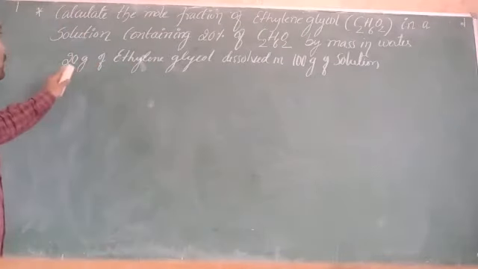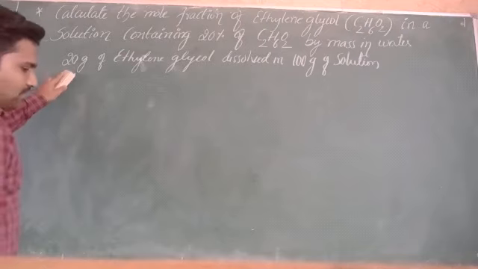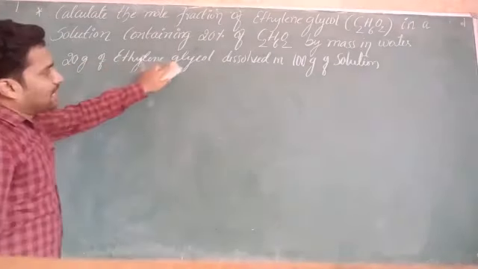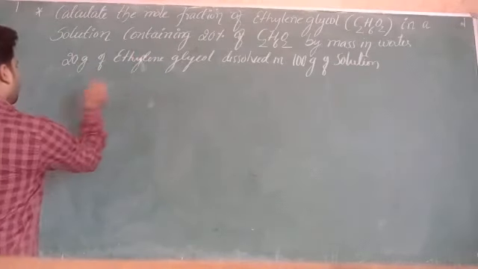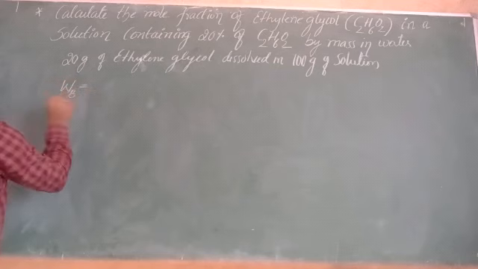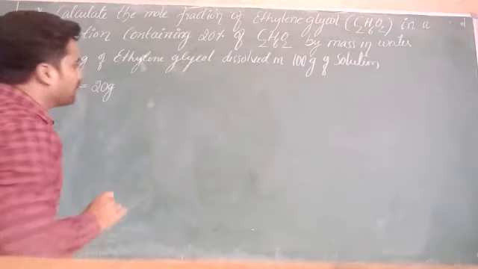Okay, so this is the meaning of 20% ethylene glycol. If it is 20% ethylene glycol, it means 20 gram of ethylene glycol is dissolved in 100 gram of solution. That means Wb, that is ethylene glycol, is 20 gram, right?